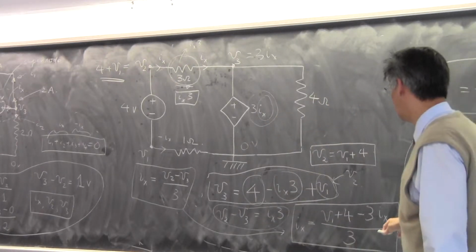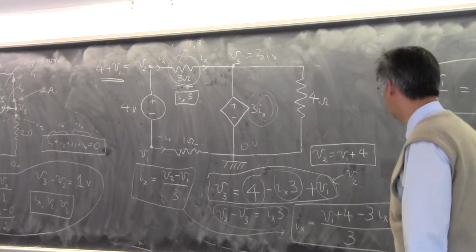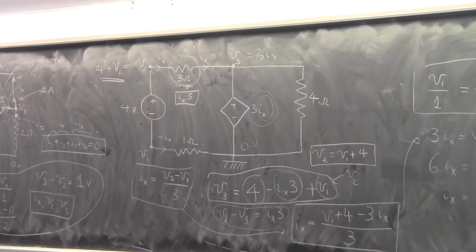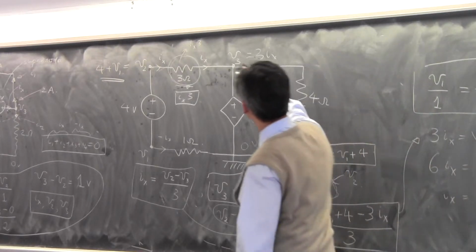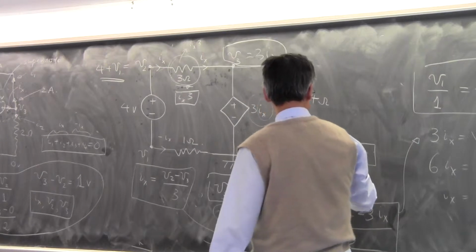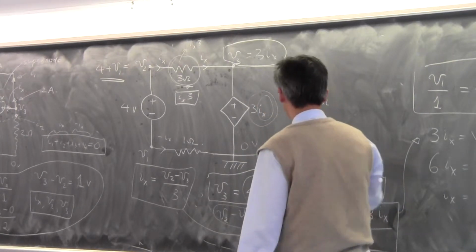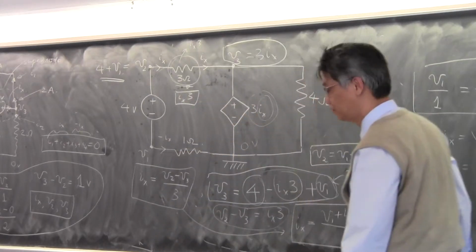And then if I shift that over, and if I look at this equation in terms of V1 alone, I get that equation over there because V3 is also equal to 3Ix. I can replace this equation being equal to 3Ix, because V3 is also equal to 3Ix.